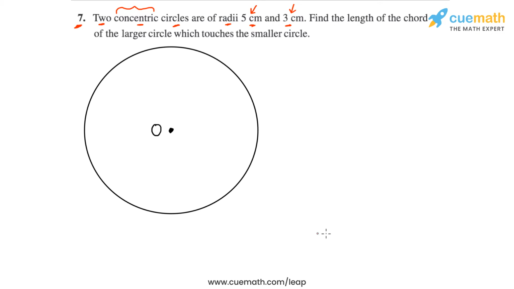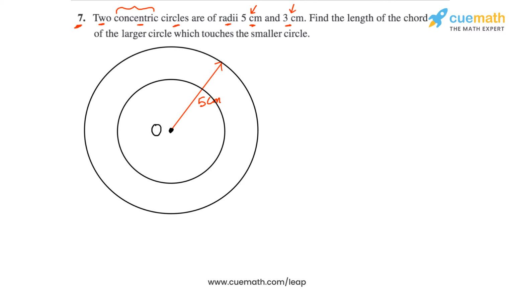So let's say that this circle here is our first circle, the outer circle, which has a center O and a radius of 5 centimeter. If I join O to any point on the circumference of the circle, this distance will be 5 centimeter. The second circle we have is a circle with a smaller radius of 3 centimeter.